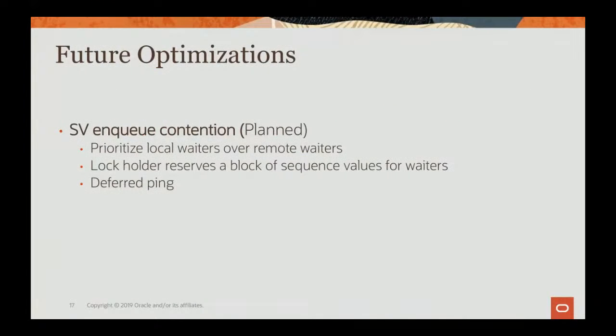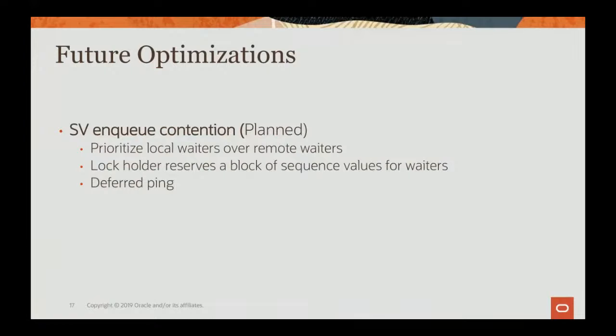Okay, so we've discussed a number of ideas regarding this, and hopefully this will be there soon, with no guarantees. If all things go well, we hope to have some interesting solution for bringing down SV contention. We're working on this actively. Hopefully it'll be some combination of prioritizing local waiters.